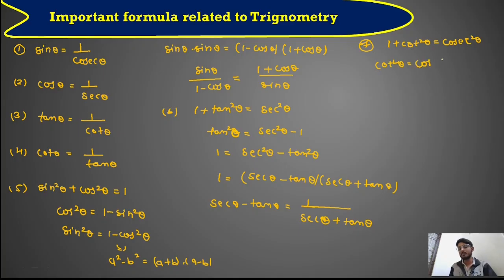Whenever you transfer 1 from this side to that side, the sign will be reversed. Here 1 is in plus operation with cot square theta, so whenever you transfer it, the operation changes from plus to minus. You have already learned this in algebra chapters.